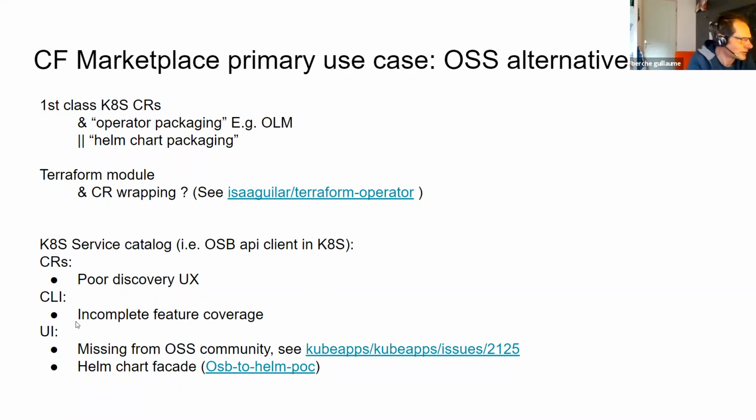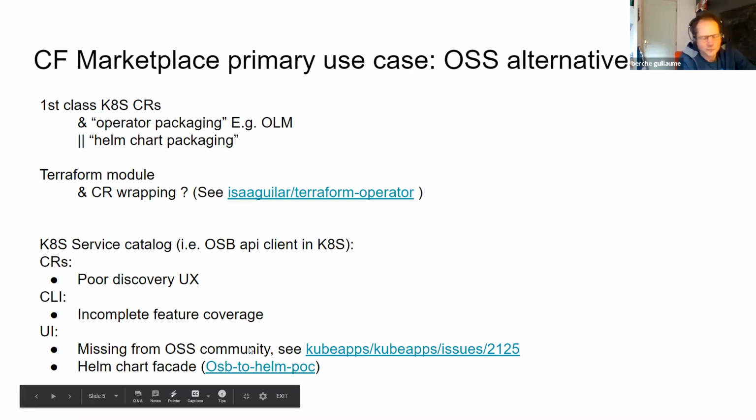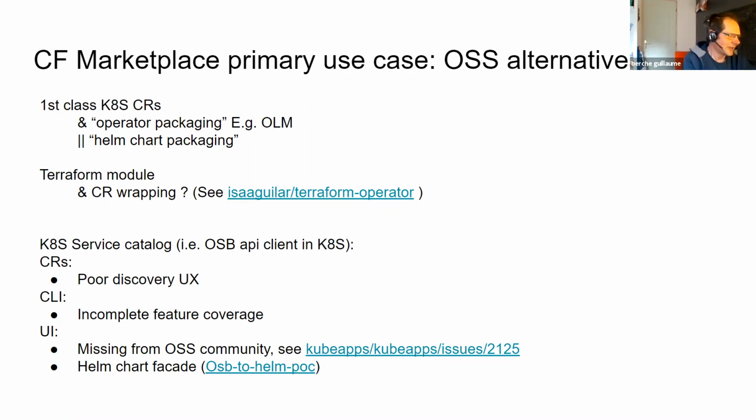We tried to find a web UI to consume Service Catalog in the Kubernetes ecosystem. There used to be KubeApps, but it was removed. So we were discussing with the Stratos team as well the opportunity to provide one. We experimented with automatically generating a Helm chart facade for each service broker to consume. So I'll be sharing some of this POC now.